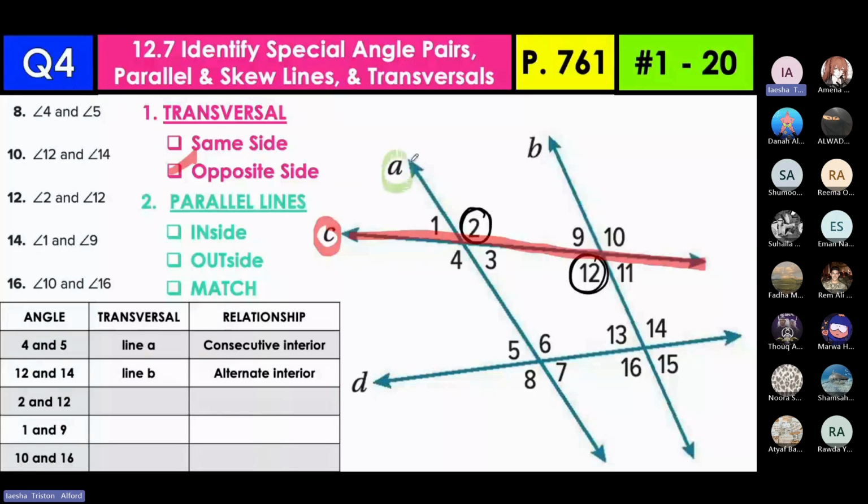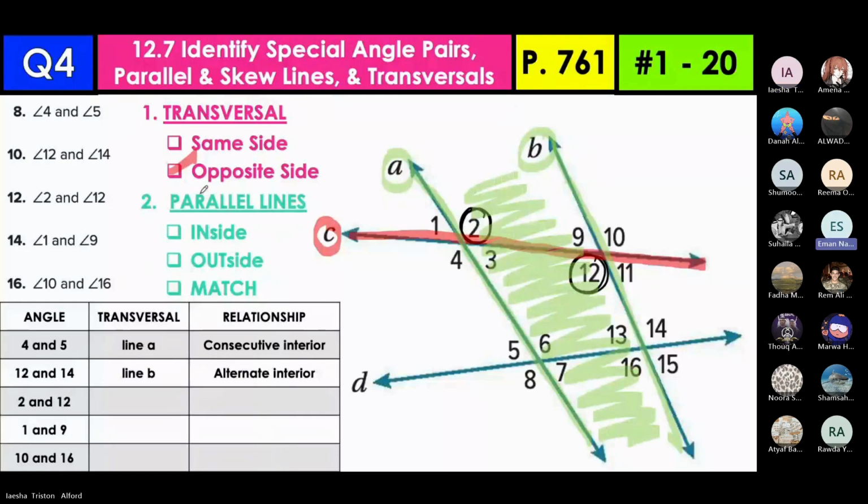The parallel is going to be A and B. So 2 and 12, inside or outside of the parallel? Inside. So the name, alternate interior.